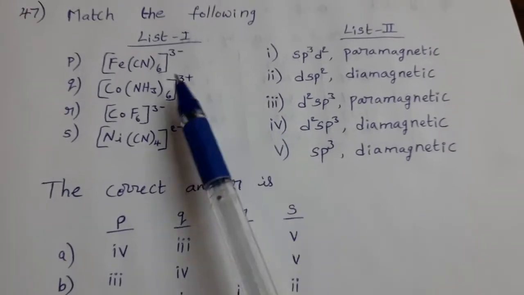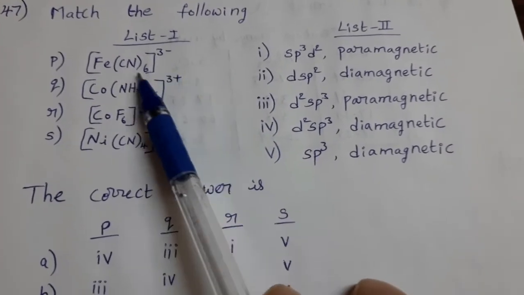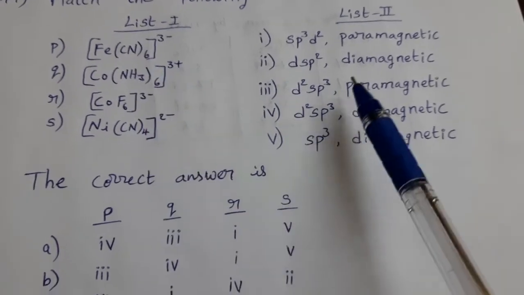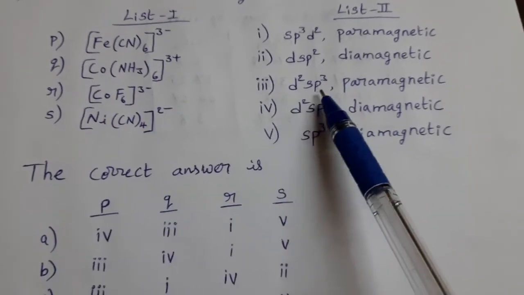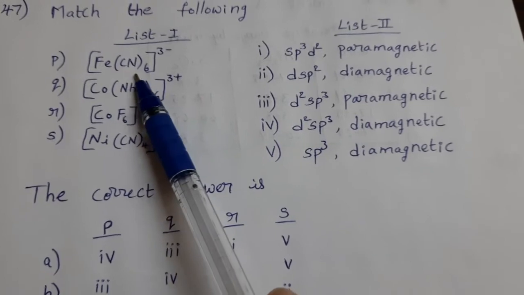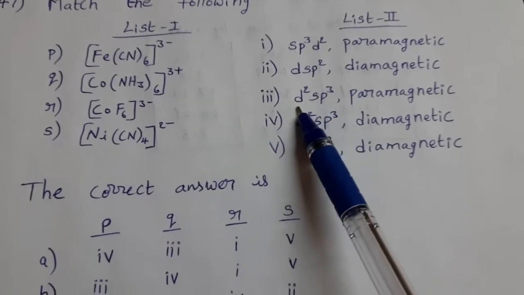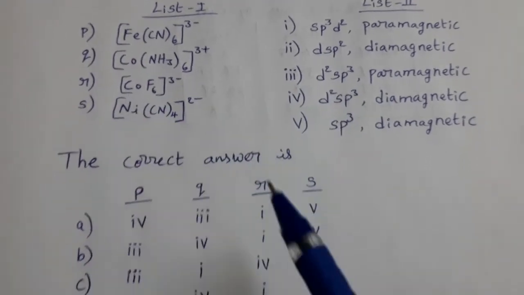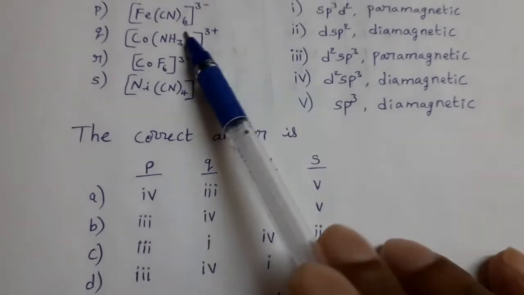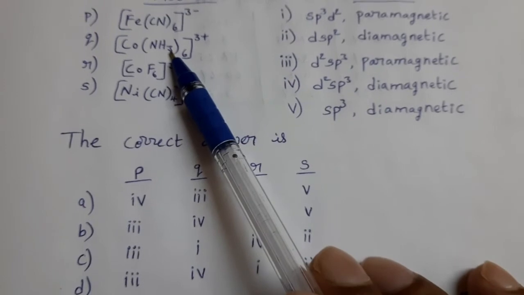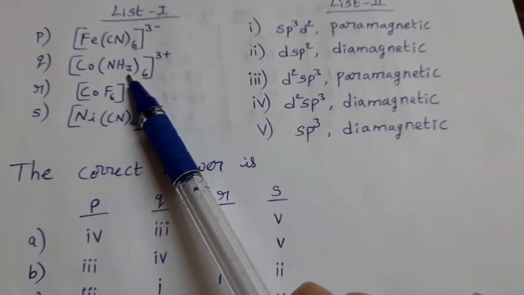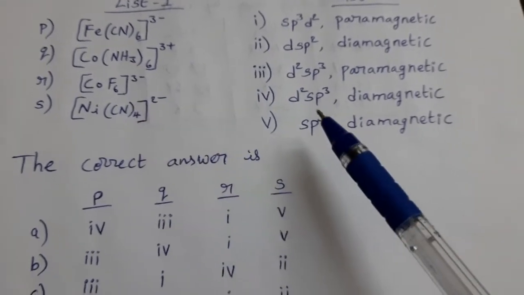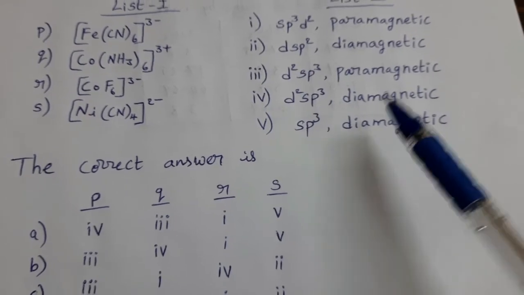See this, [Fe(CN)6]3-: inner orbital, strong ligand, 6 ligands, coordination number is 6. Hybridization is d2sp3, paramagnetic. Then this one, NH3 is also a strong ligand, ammonia, hybridization d2sp3 and diamagnetic.